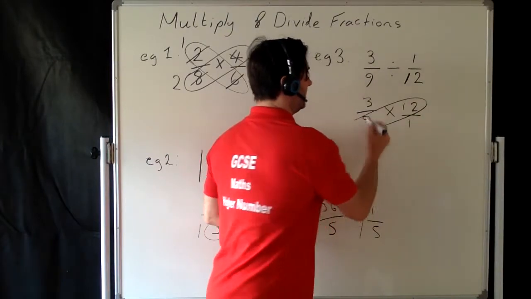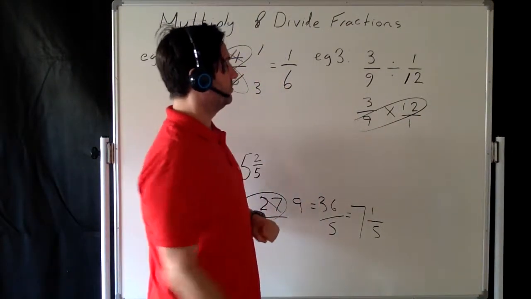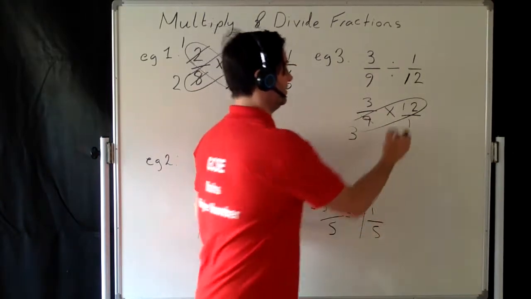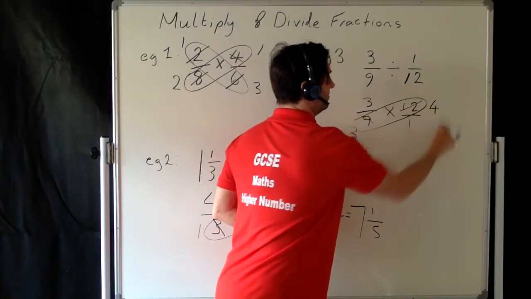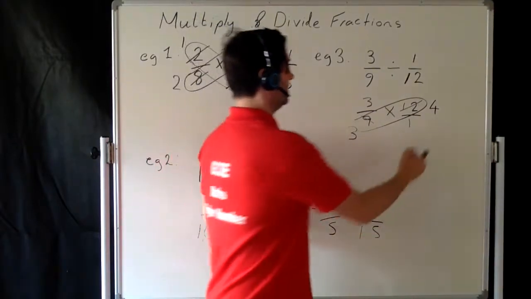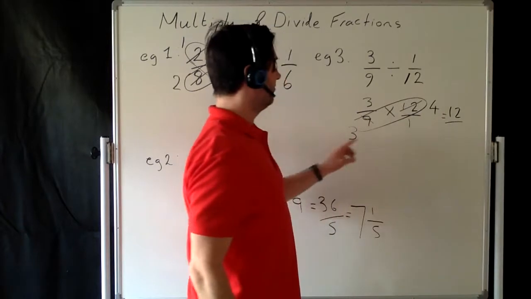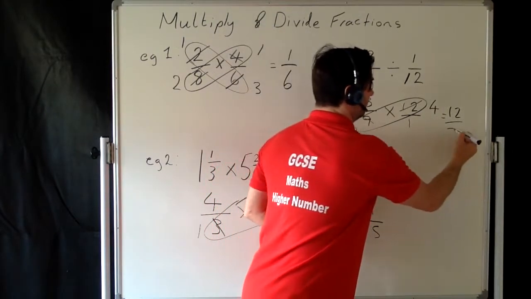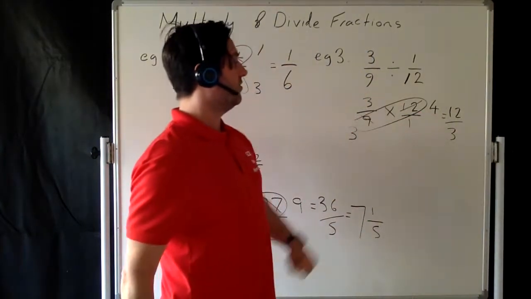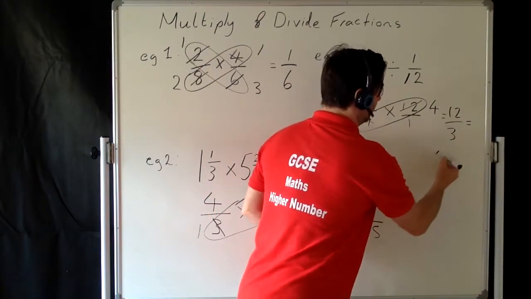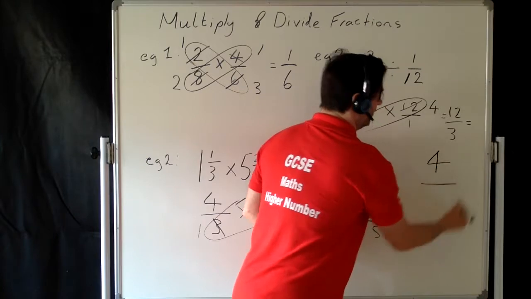If we have a look this way, 3 is a common factor of 9 and 12. 3 goes into 9 3 times, and 3 goes into 12 4 times. 3 times 4 is going to give me 12, and 3 times 1 is going to give me 3. 12 divided by 3 gives me my answer of 4.